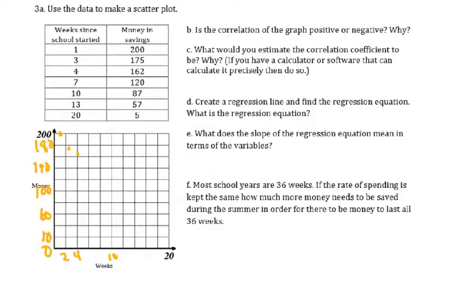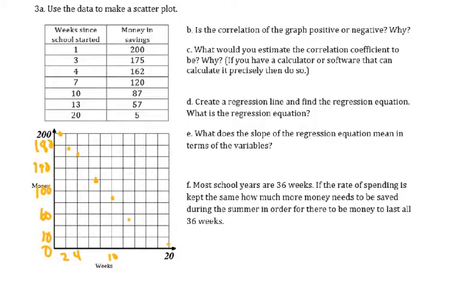Okay, then 7. So 7, we're down to 120, so right about there. Okay, then 10, down to 87. 13, down to 57. And then at 20, we're at 5.